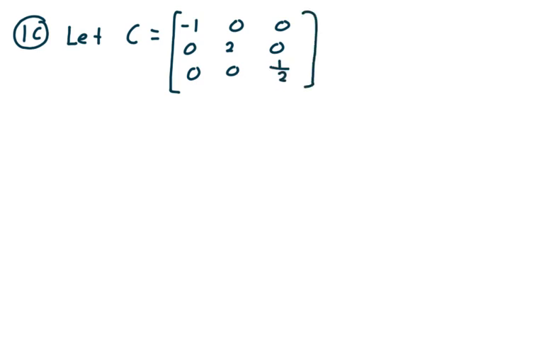Okay. Now, I want to circle the entries along the main diagonal. And I want you to observe that the entries above the main diagonal and the entries below the main diagonal are all 0.